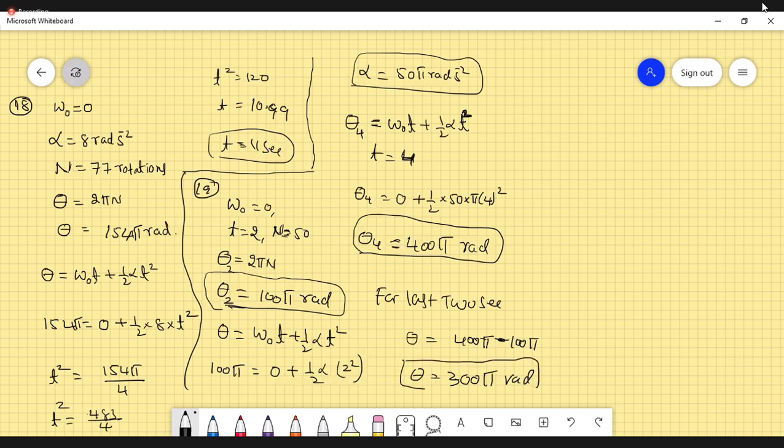But what they are asking is the number of revolutions. Theta is nothing but 2 pi N, therefore N equals theta by 2 pi. Theta is 300 pi, so N equals 300 pi by 2 pi, which equals 150.